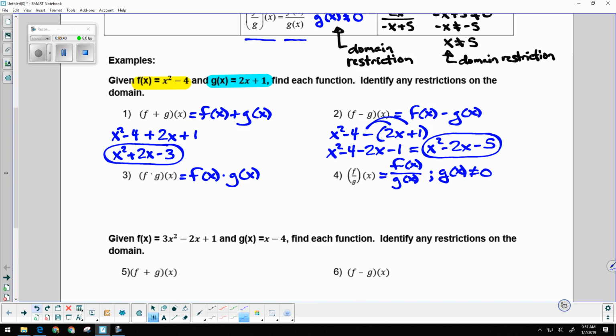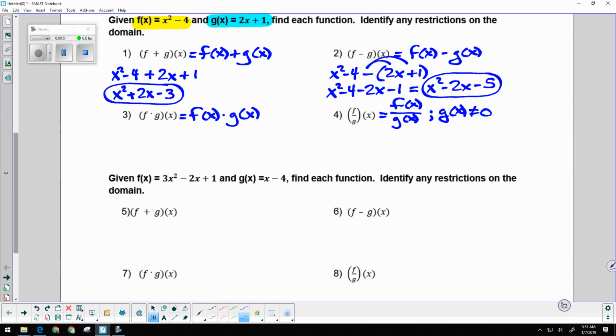Now, number 3. F of x times g of x. F of x is x squared minus 4, and g of x is 2x plus 1. Now, because I knew what the functions were, I anticipated that I'm going to have to FOIL. I've got a binomial times a binomial, so I put my parentheses in there right away.